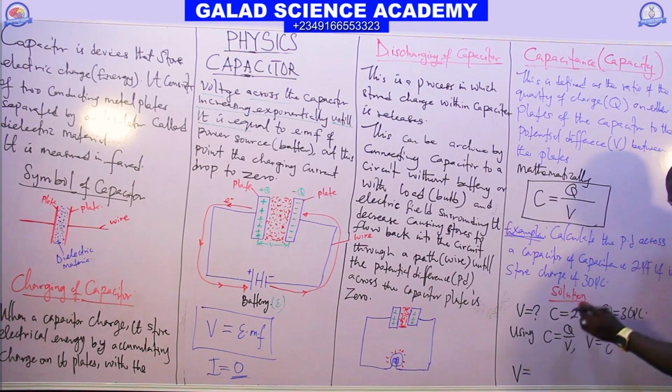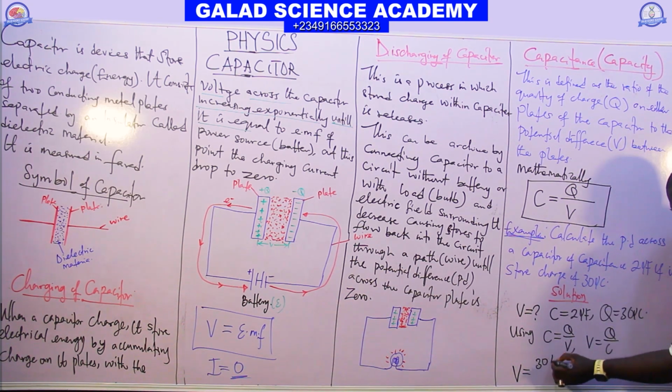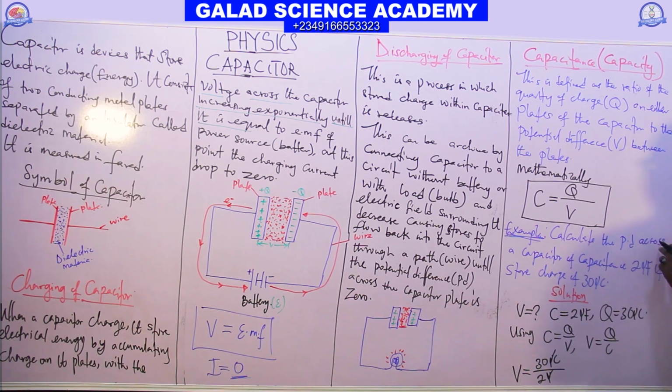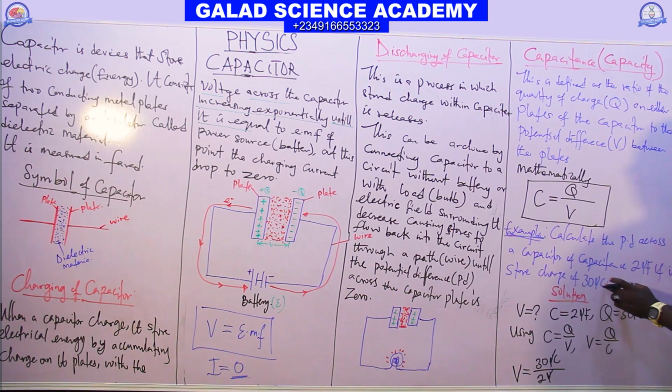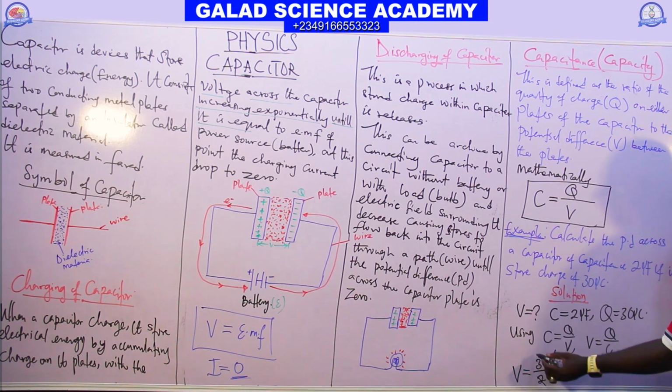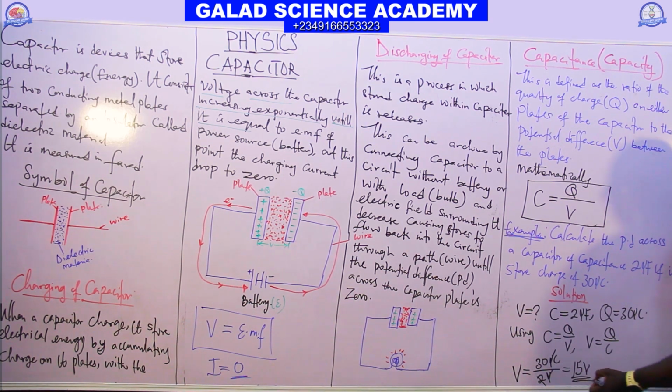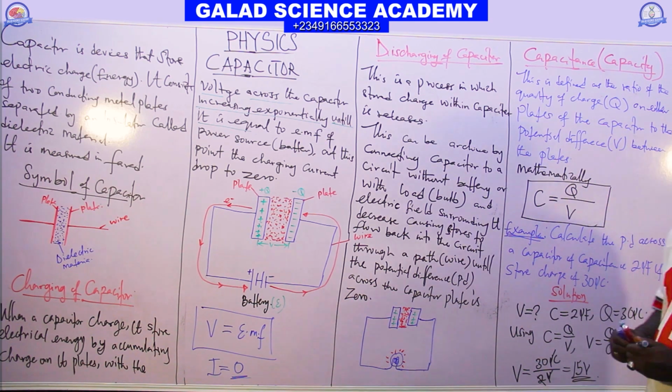So our answer will be Q, which is 30 microcoulomb, over C, which is 2 microfarad. The micro cancels, so we are left with 15 volts. That will be the answer.